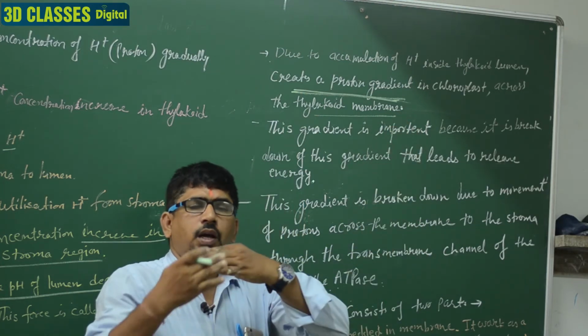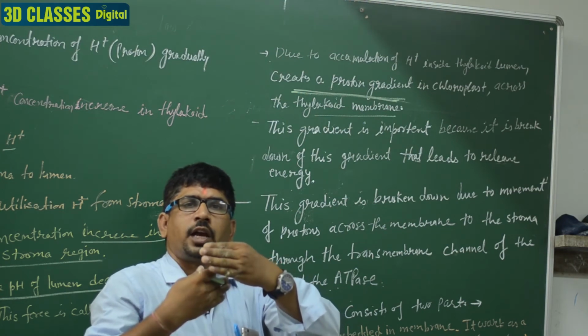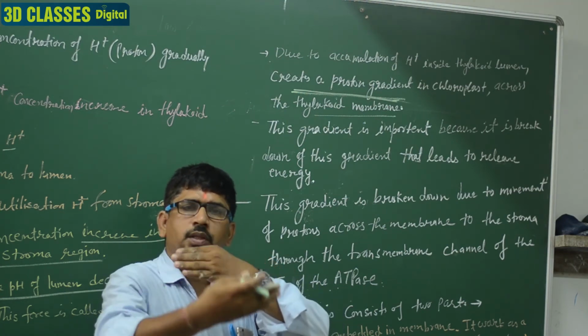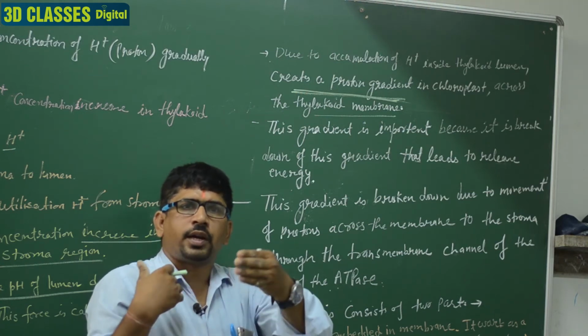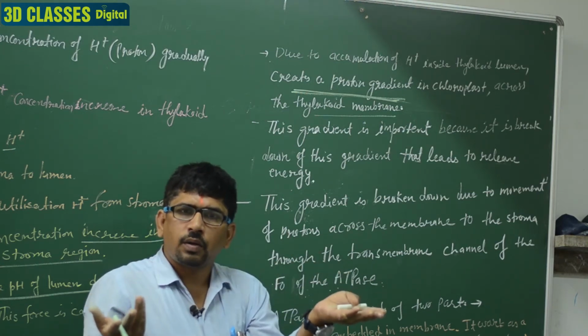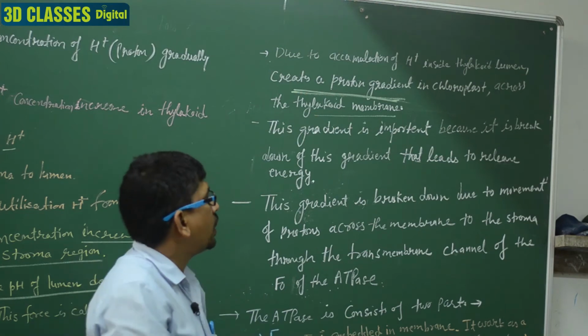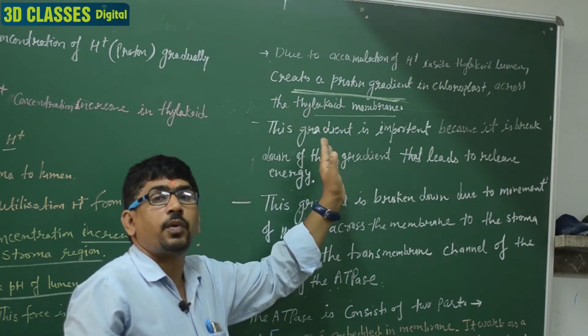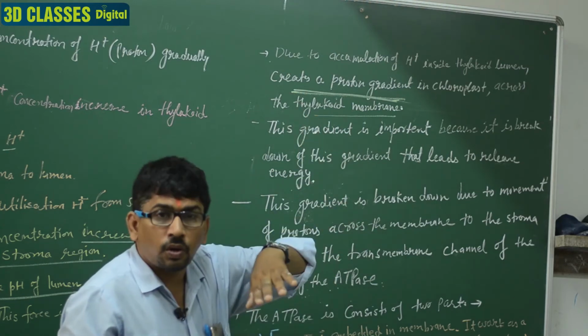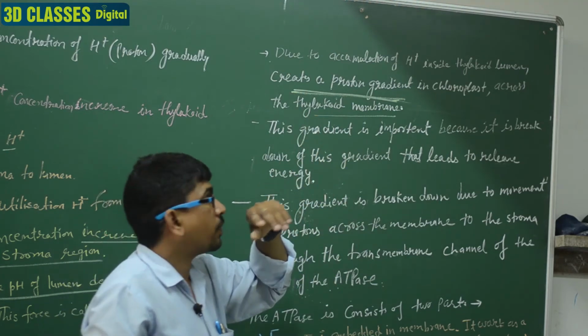Inside the thylakoid membrane the number of protons is high, and outside the thylakoid membrane the number of protons is low, so a gradient is created automatically, a potential is developed. That is known as the proton gradient, and the proton gradient is developed with the help of the concentration of the protons inside versus outside.